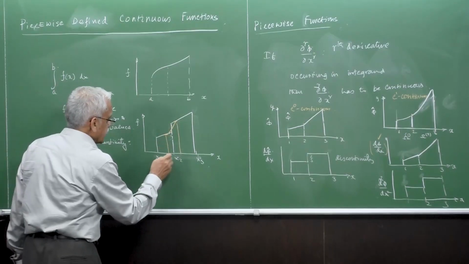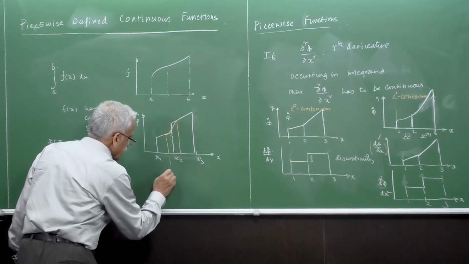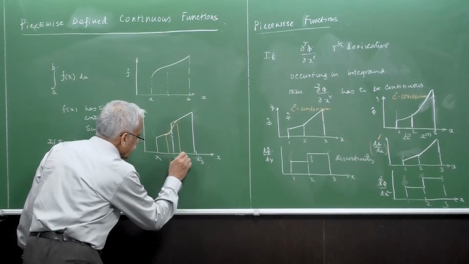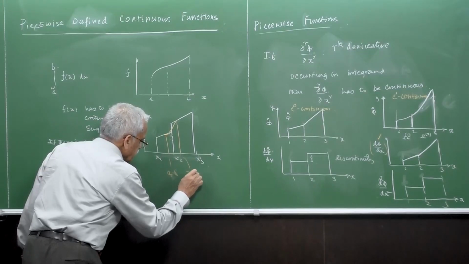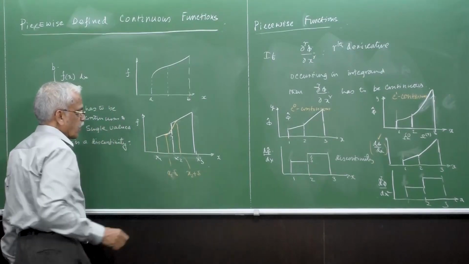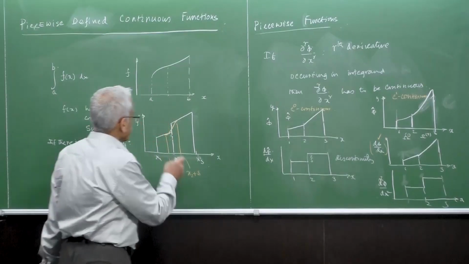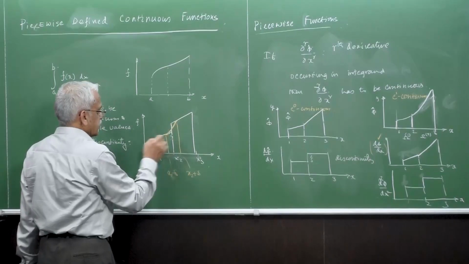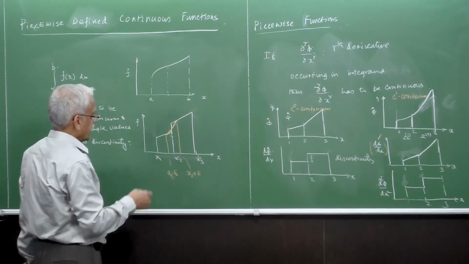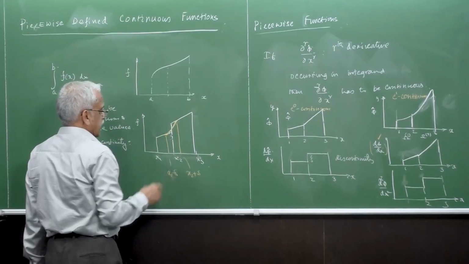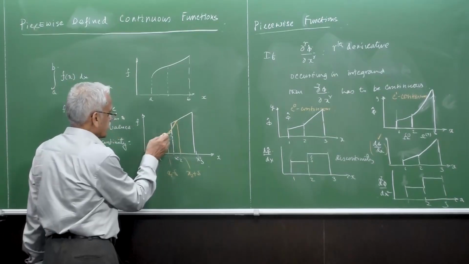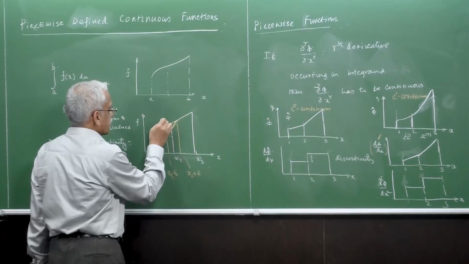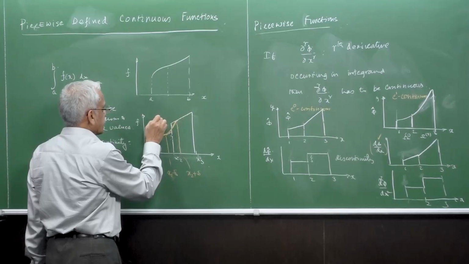Let this point be x2 minus delta and this point x2 plus delta. Over this small zone from minus delta to delta, we draw another curve, so this is the modified f and this is the original f.